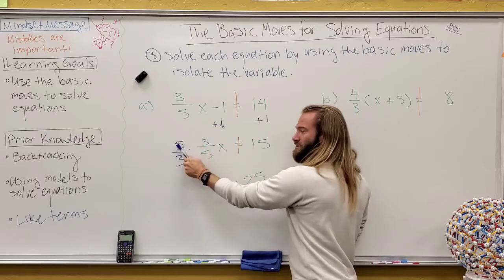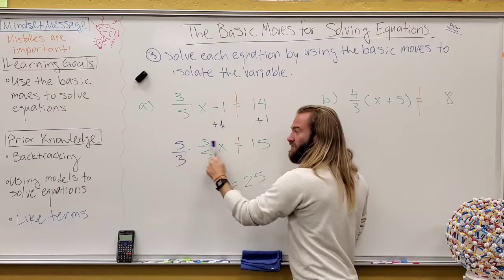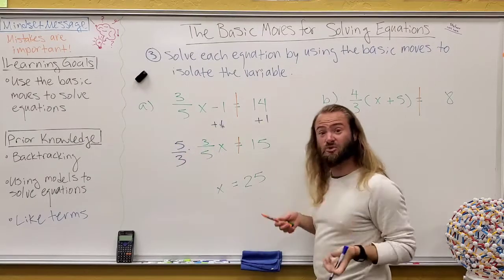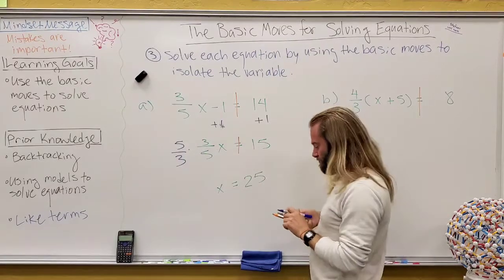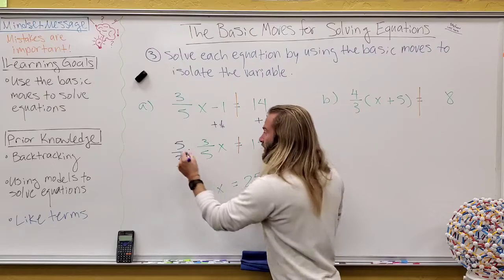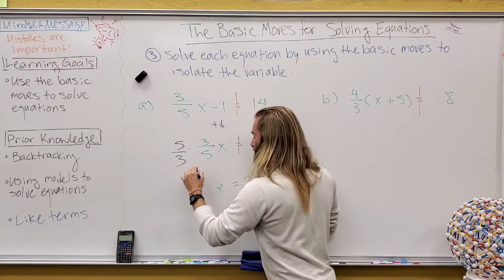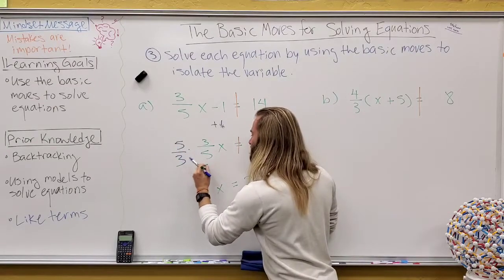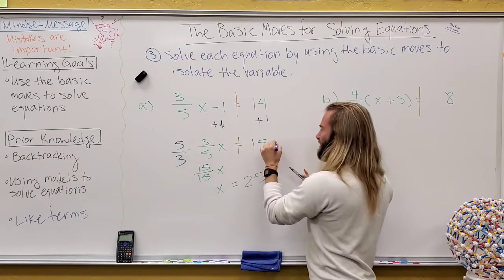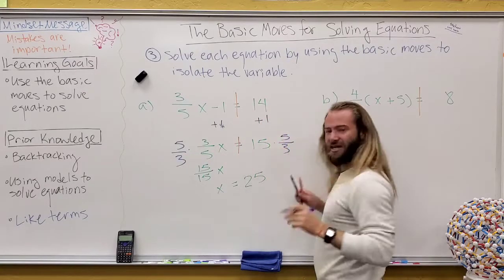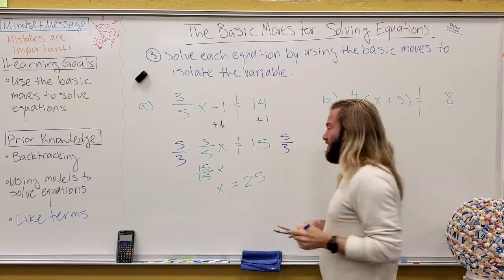Because watch what happens. When you multiply this and this, it becomes 15 over 15. And that's just 1. And we know 1x is just x. So in this case, this becomes 15 over 15x. But if I multiply that there, I have to do it on the other side, because I can't lose that balance, right?